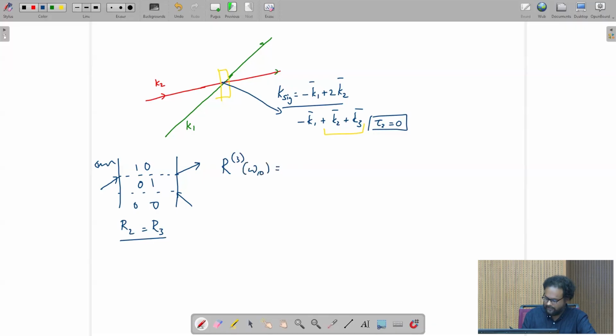Now to write this, I write the simplified version, e to the power minus i omega 0, 1.